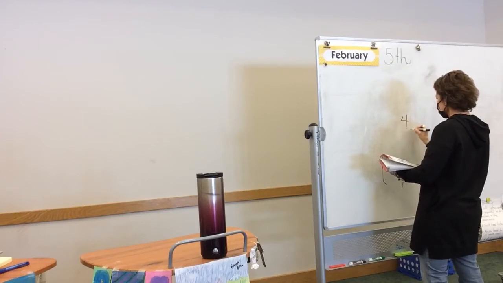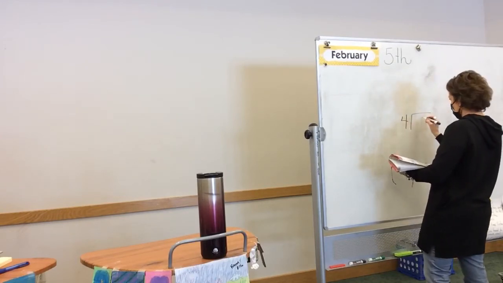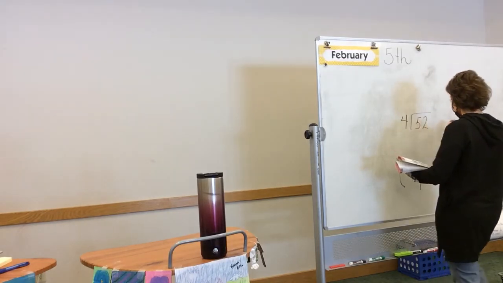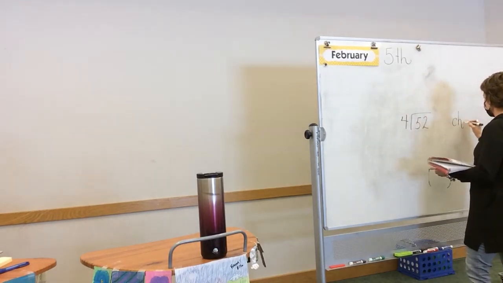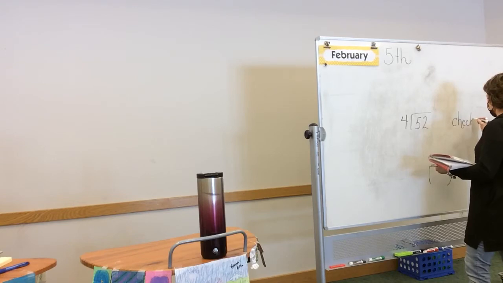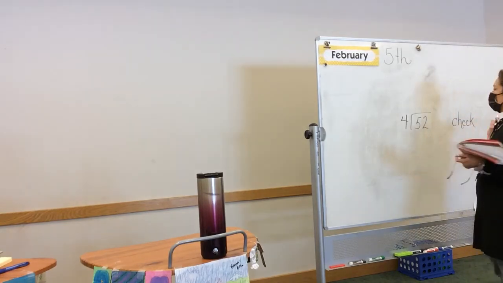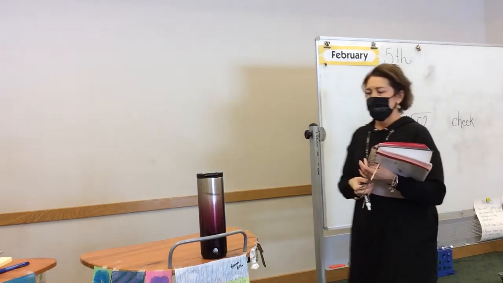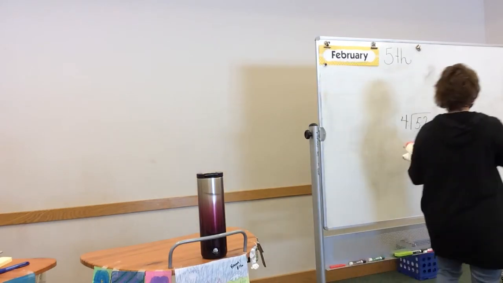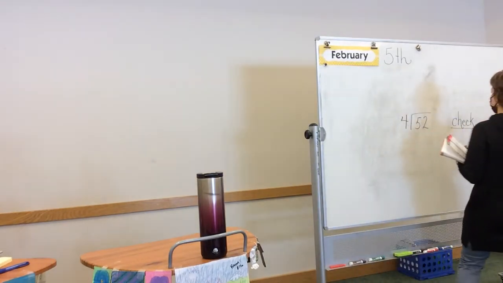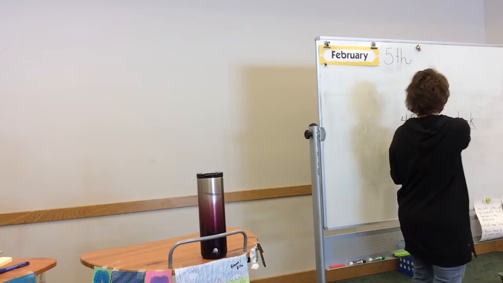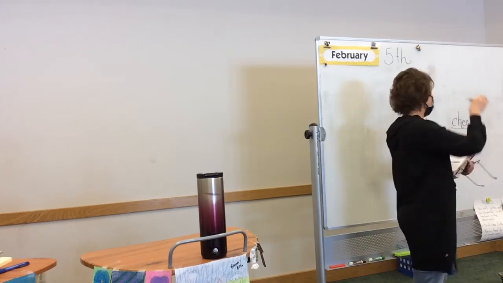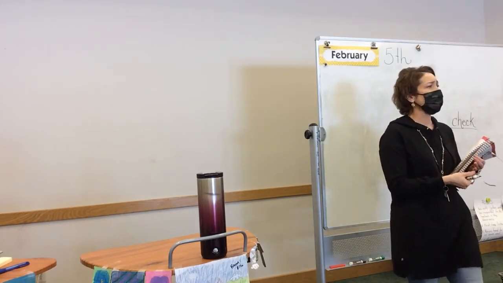You need to be doing the same thing. So, question. This is a very valuable check. If the numbers don't check up, then you need to go back to your division and see where you are wrong.